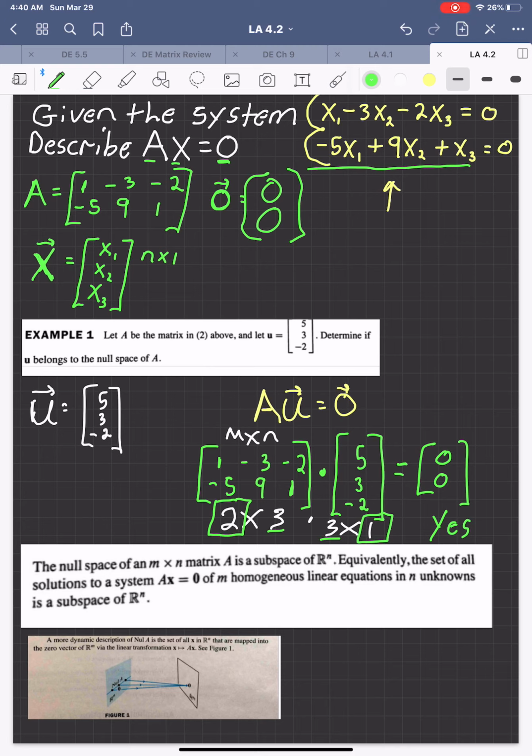Okay, so let me read a theorem to you. The null space of an m by n matrix A is a subspace of Rn. Okay, so let's pause for just a second. A subspace of Rn.